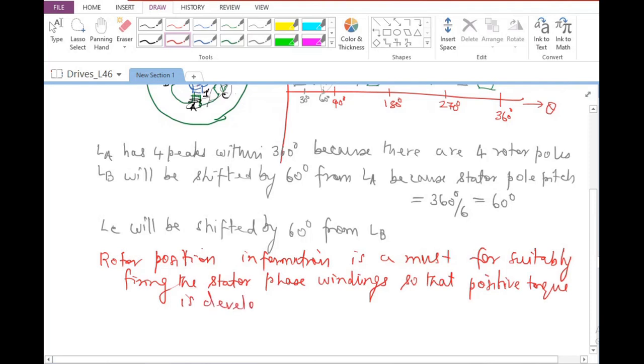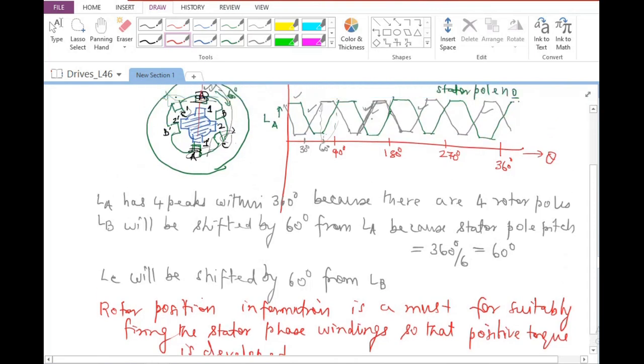Because if I fire the stator winding, A phase winding for example, only during this position, I'm going to get positive torque. Rather, if I fire it during this position, I'll get only negative torque, which is detrimental to the motoring operation. So that is the reason why the control of a switch reluctance motor is not easy. I definitely need rotor position information for controlling the switch reluctance motor properly.